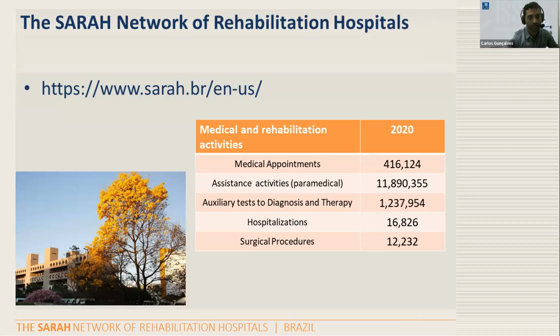To give another context in numbers, in 2020, there were in the network more than 400,000 medical appointments, close to 12 million assistance activities by the paramedical team, and 1 million auxiliary tests for diagnosis and therapy.